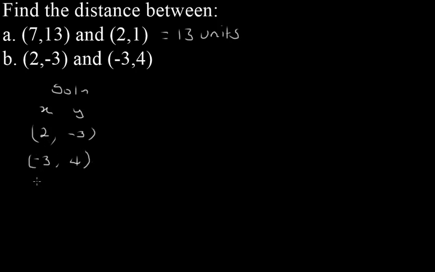Remember, the formula, the equation that you have to remember is d equals root of difference in x squared plus difference in y squared. Then from there, it just goes down here from there. And all you have to do is replace the x values, replace the y values, and you get your answer.